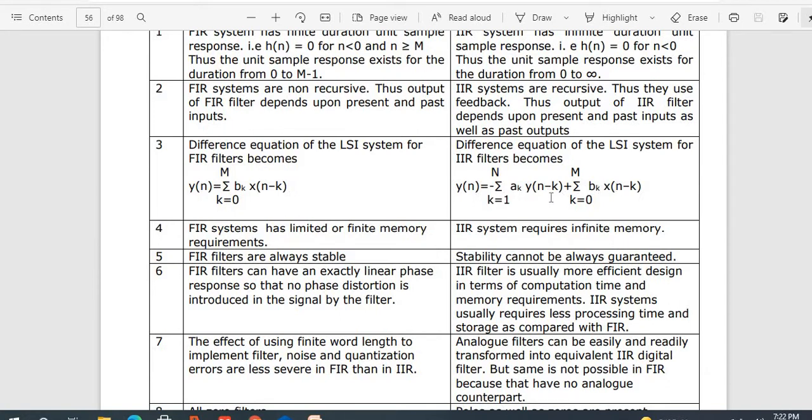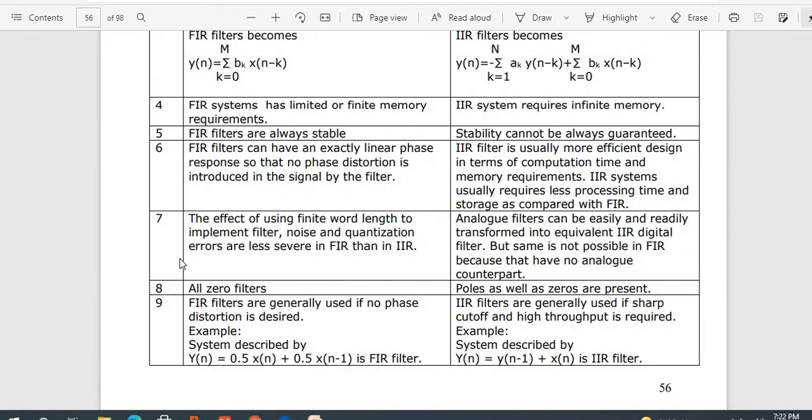Y of n minus k is the past output, x of n minus k is the past input. Any system that depends upon the past input as well as the past output is considered to be an IIR filter system. FIR systems have limited or finite memory because it restricts to a particular value only, so the memory capacity is in specific MBs or specific GBs.